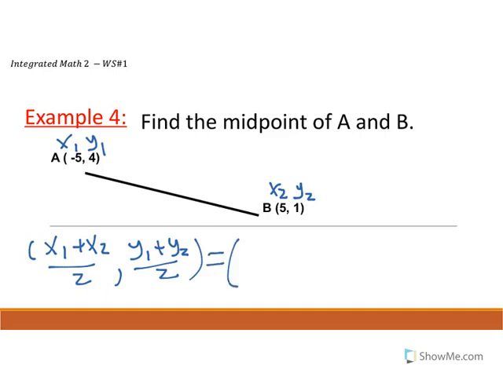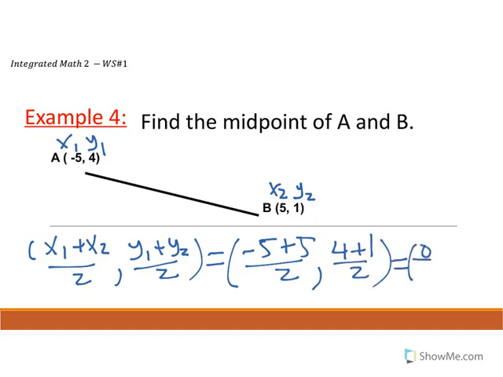All we have to do now is substitute the values for our variables. So we have -5 plus 5 divided by 2 and 4 plus 1 divided by 2. Now we have 0 divided by 2 and 5 divided by 2. Our answer is 0, comma, 2.5, or you may leave it as a fraction, 5 over 2.